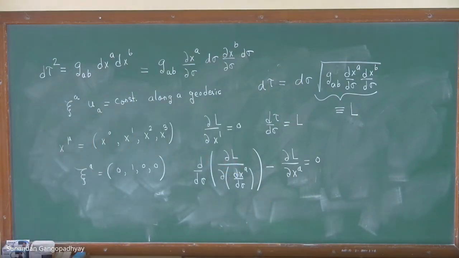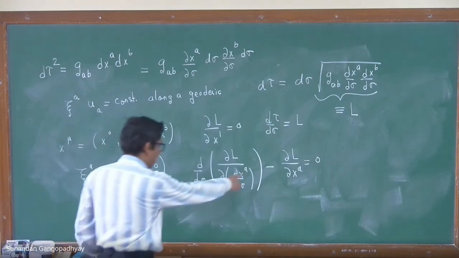So you can actually check it yourself. Okay, so this is equal to 0, and here you note down that A is the index.